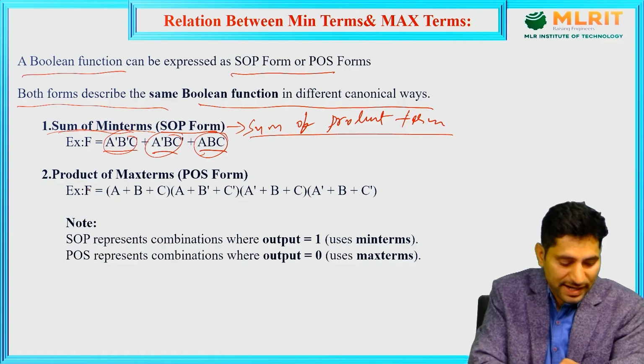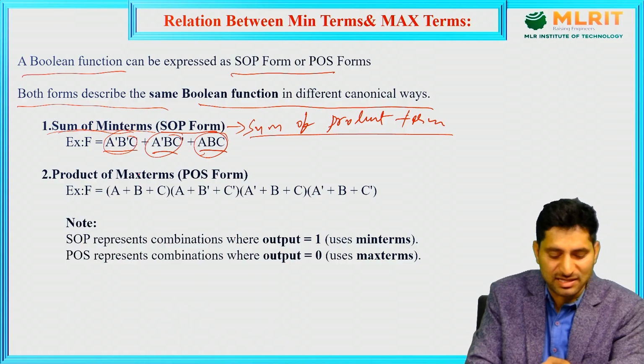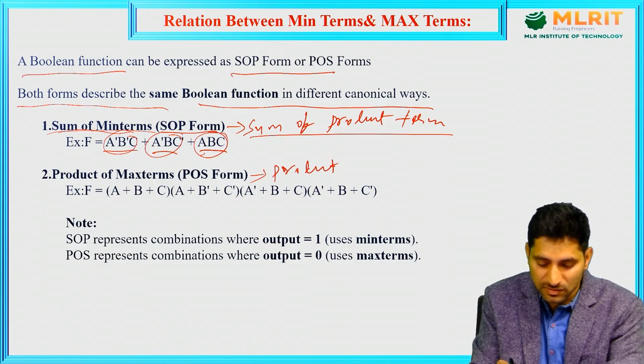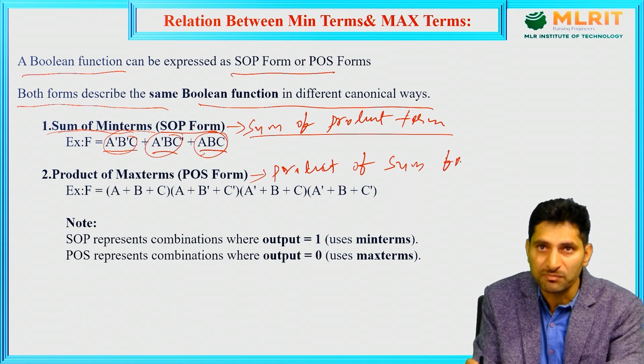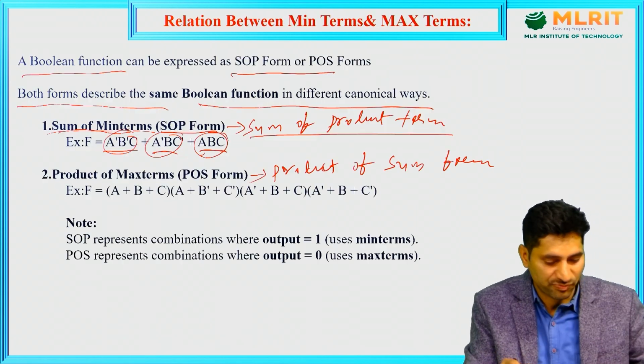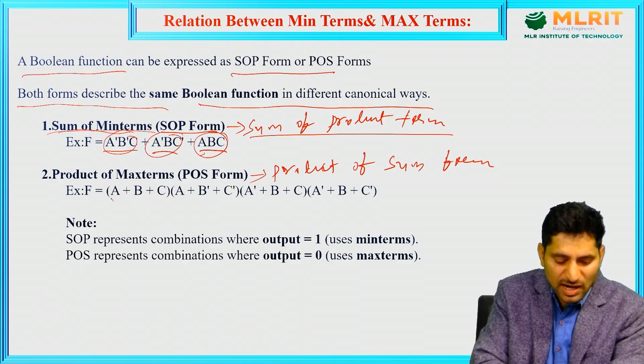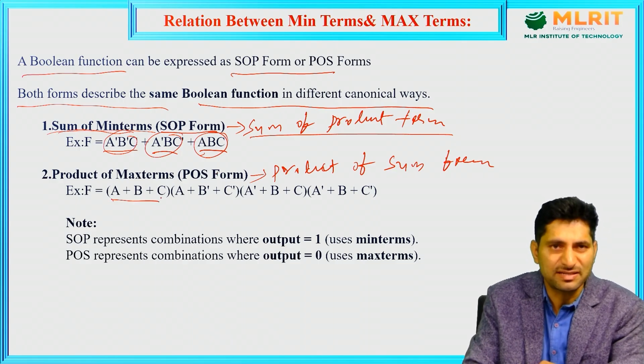Next one, product of max terms, also known as product of sum form. This product of sum form will use max terms, as we have just discussed.